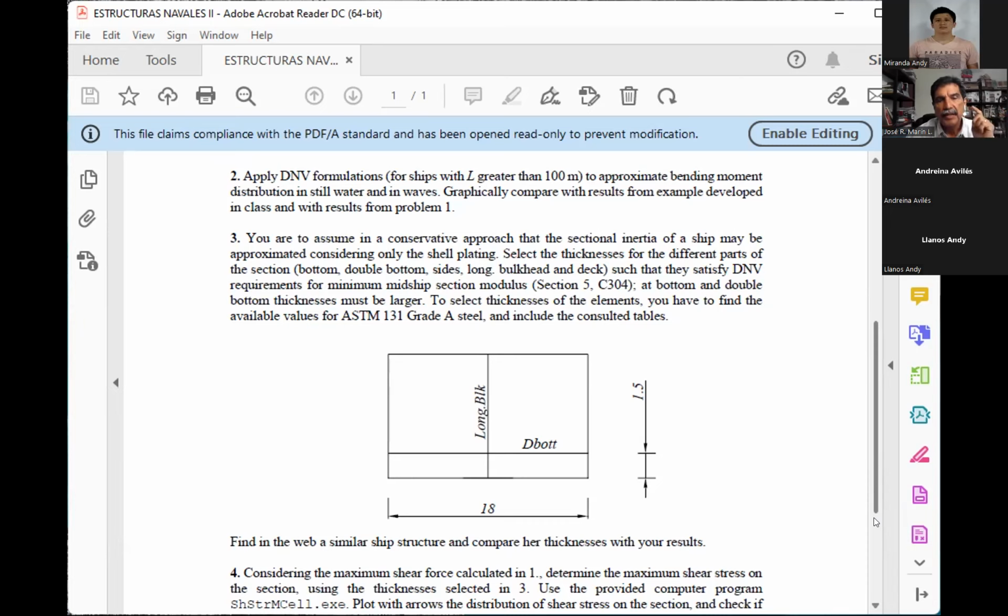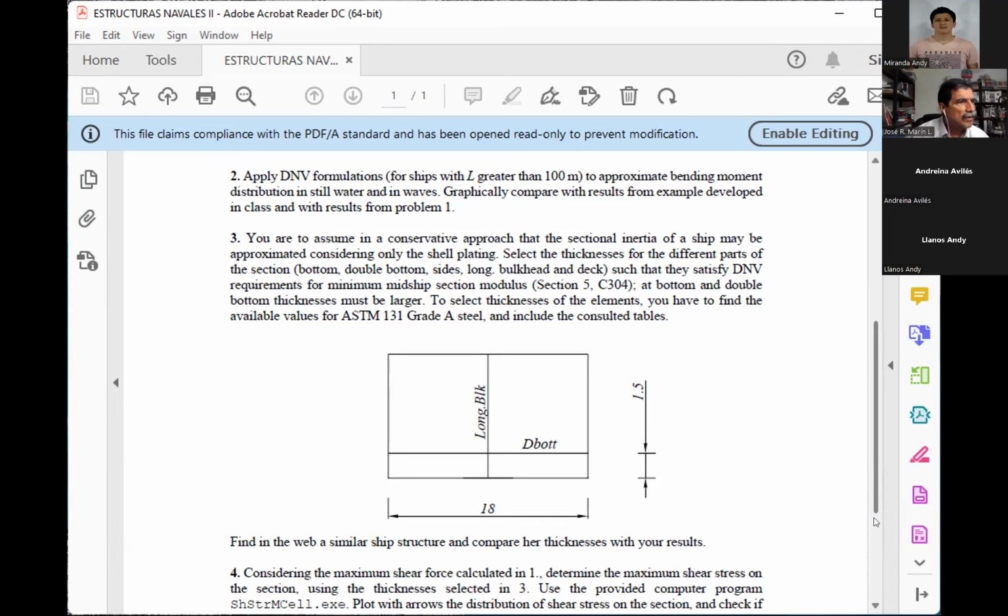Okay, I asked somebody who is a practicing engineer, and he said to me that that's the typical material they're using right now for naval construction. And finally, at the end, Ms. Aviles, there is a comment. Find on the web a similar ship structure and compare its thicknesses with your results. So let's see if you can find a ship structure of a ship with these dimensions, beam and depth.